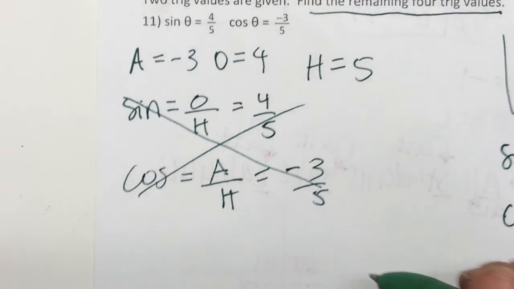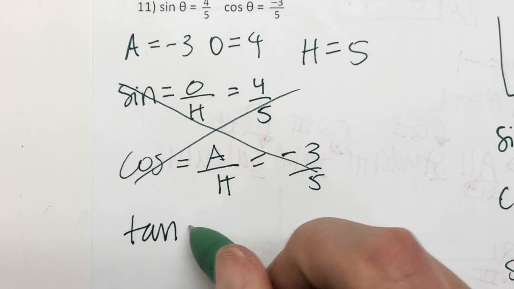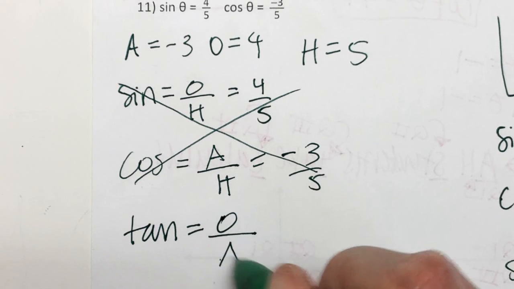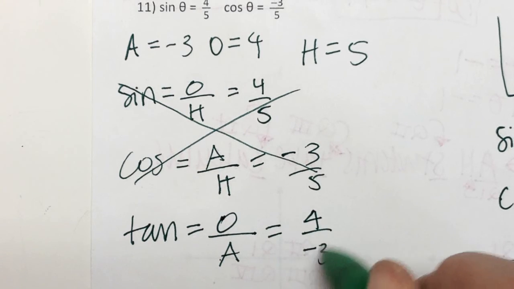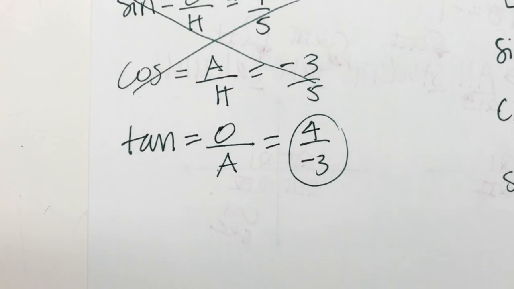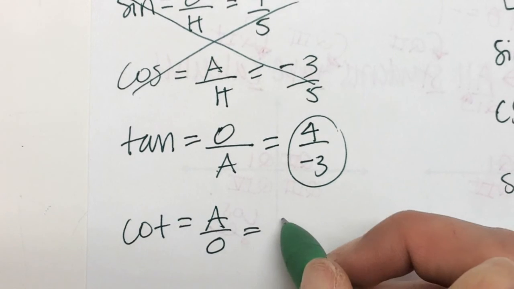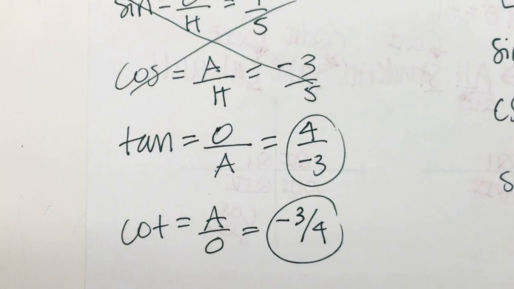Give me another one that we don't have. Tangent is blank over blank. Opposite over adjacent. Very good. What's the opposite of tangent? So it's adjacent over opposite. Very good. What else are we missing?